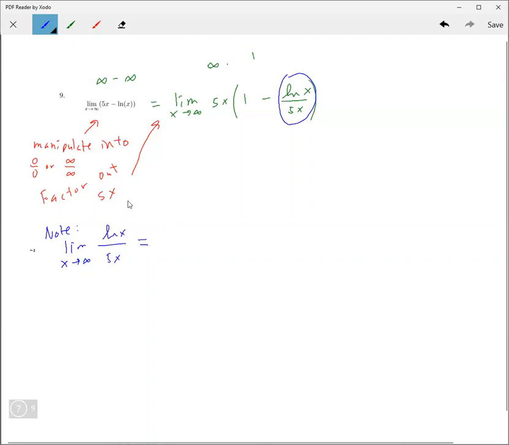This right here goes to infinity, and the denominator also goes to infinity. So L'Hopital's rule. The derivative of log x is going to be 1 over x, and the derivative of 5x is going to be 5.